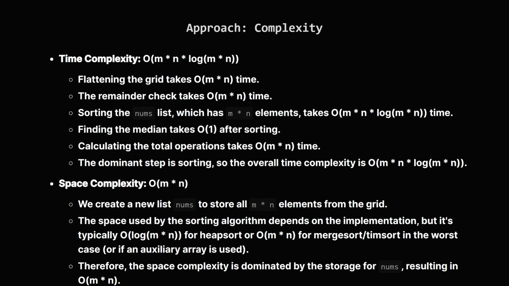The space used by the sorting algorithm itself can vary. In Python, timsort is used, which might use up to O(m*n) auxiliary space in some cases, although it often performs better. If we consider the space needed for the nums list itself, the space complexity is at least O(m*n), so the overall space complexity is O(m*n), due to storing the flattened list.